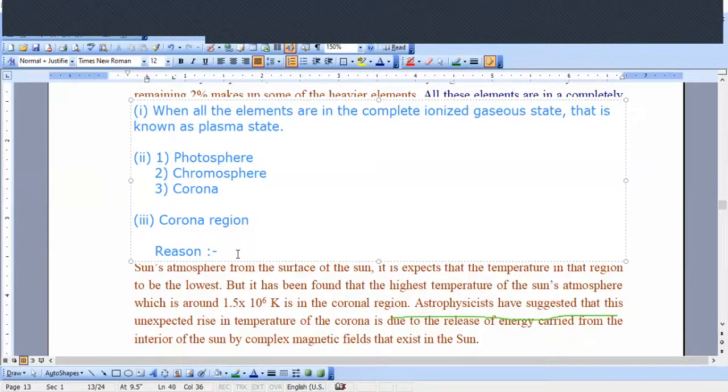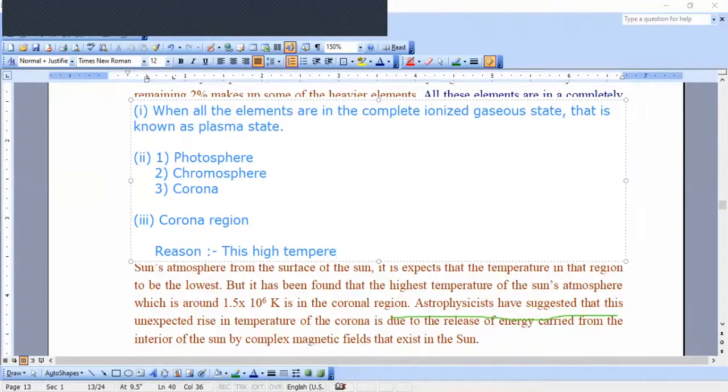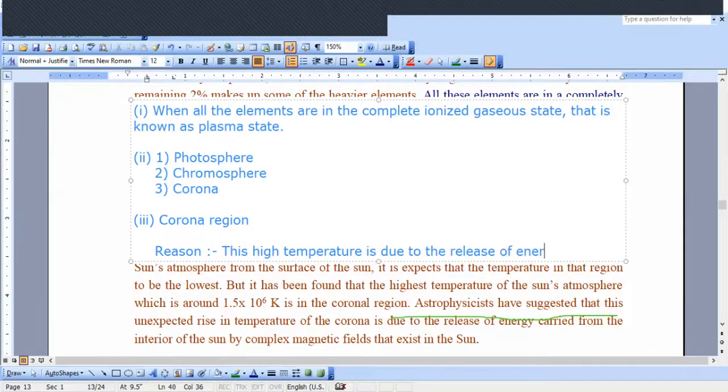Let's just copy and paste. Right, so astrophysicists suggested that this unexpected rise in temperature is due to the release of energy.